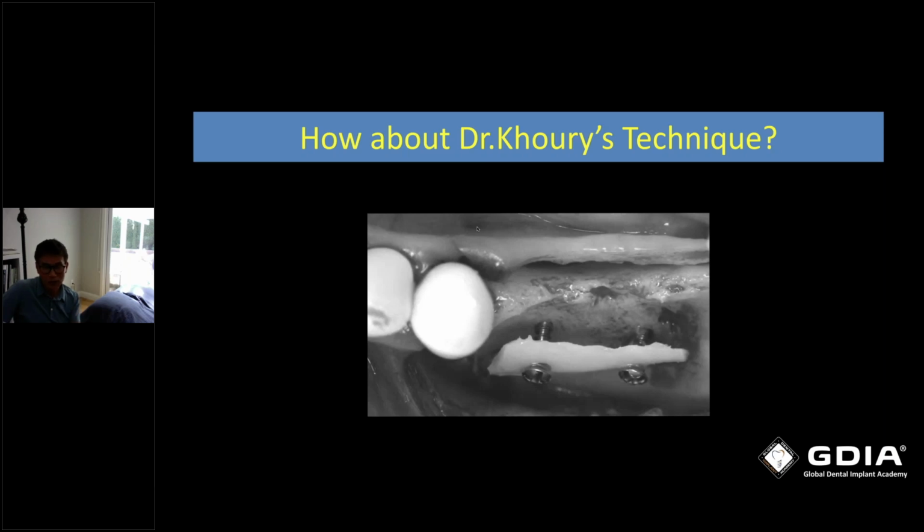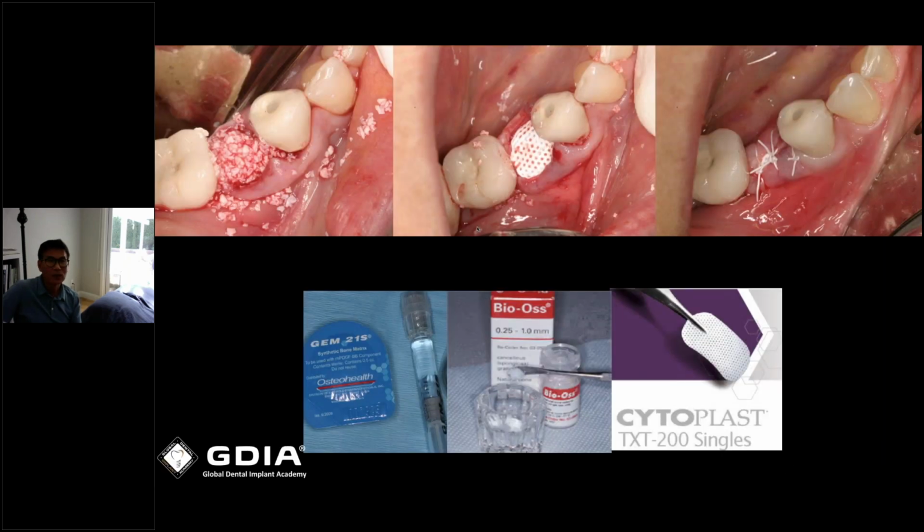Not just one technique works for all. Anyway, using that grafting and then using a non-resorbable membrane, what they said initially was you don't need primary closure. You just reopen it because cells can pass through from the periosteum, but bacteria can get in. So once you're building up, you remove it after about 4 weeks.